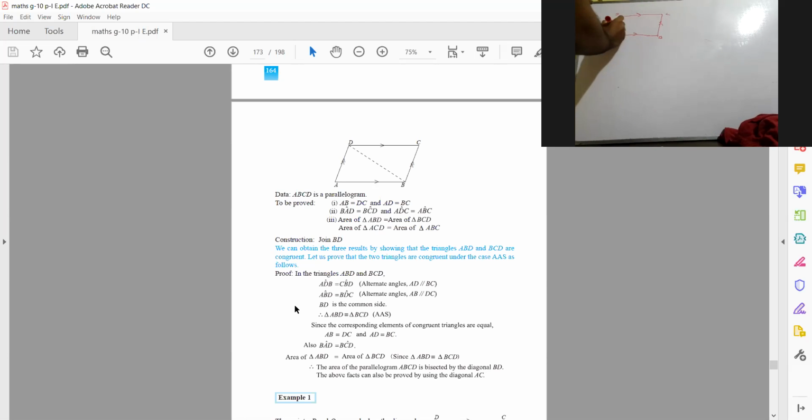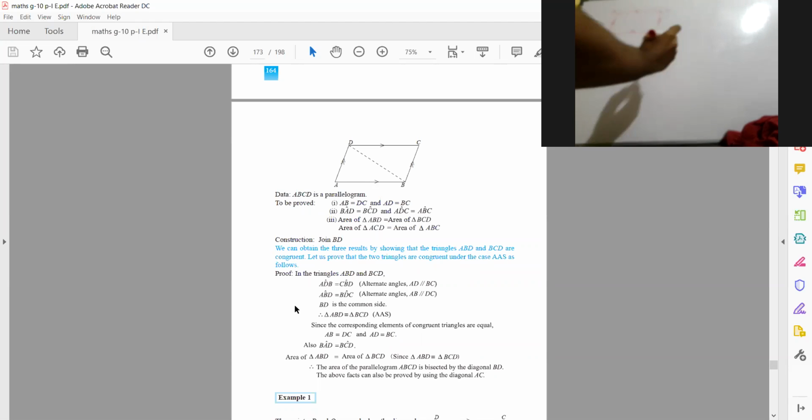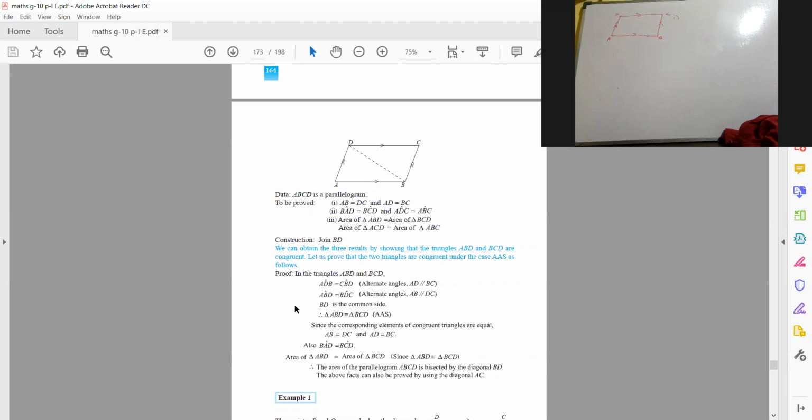That is the only thing. Now we are going to prove first that opposite sides are equal. That means we must show that AB, this side, is equal to this side, and the other side, AD is equal to BC.